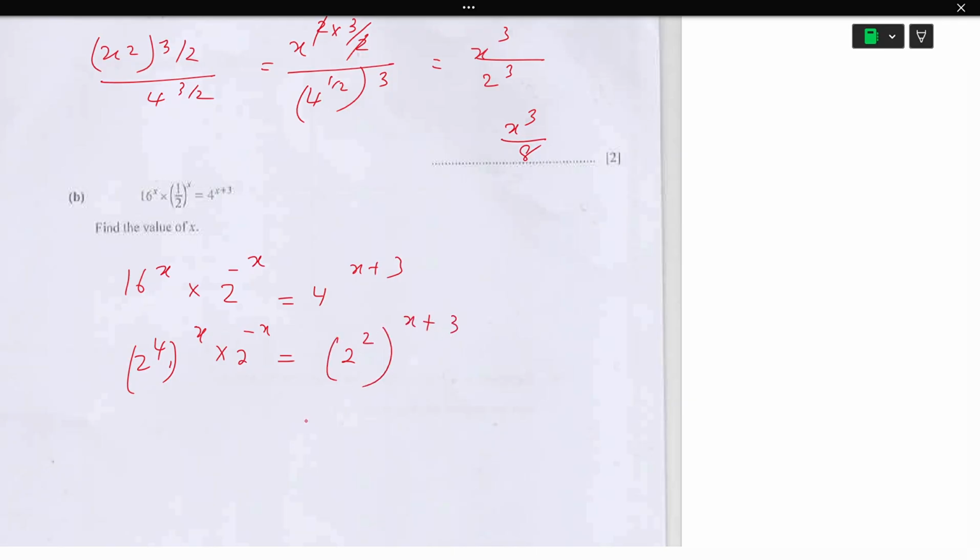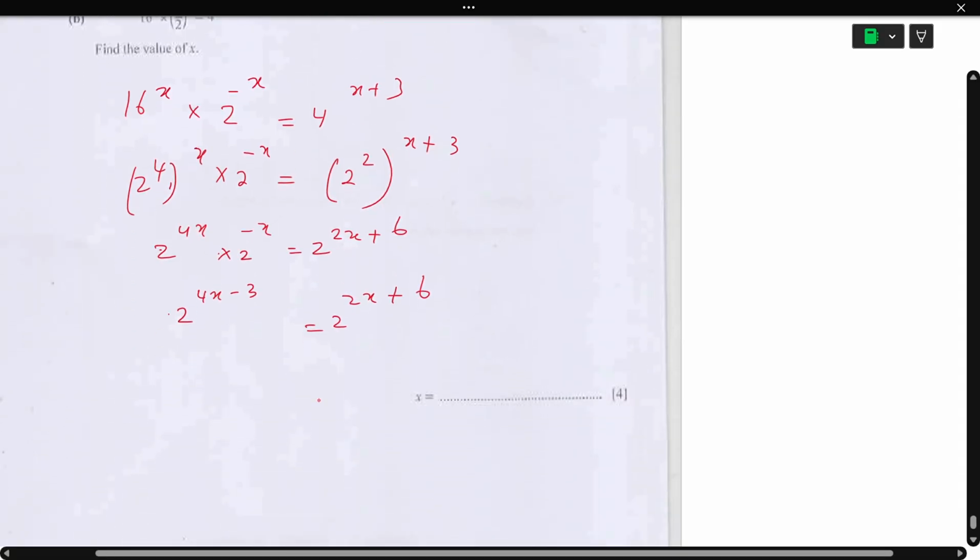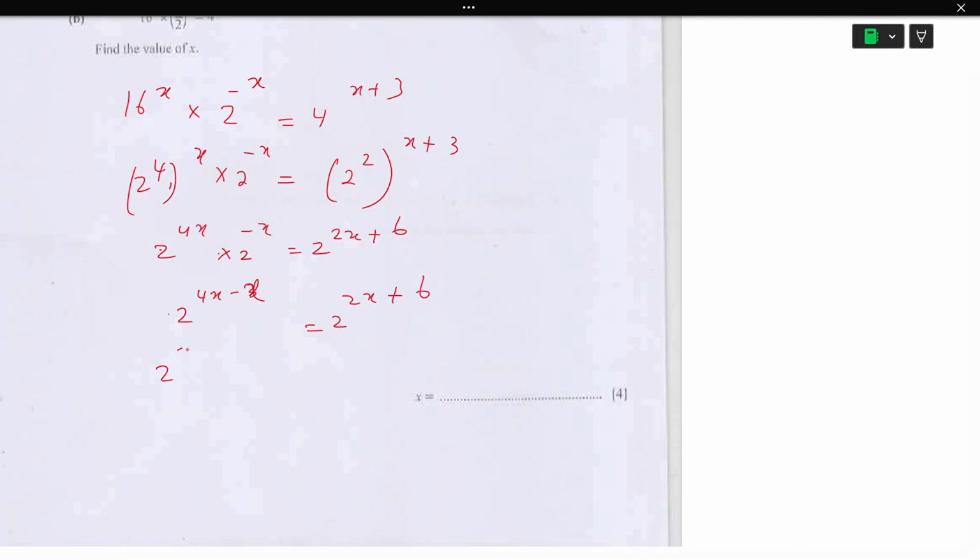So all the bases become 2. Now 2 power 4x times 2 power negative x equal to 2 power 2x plus 6. On the left side, 4x minus x, sorry, this is minus x. So 2 power 3x equal to 2 power 2x plus 6.